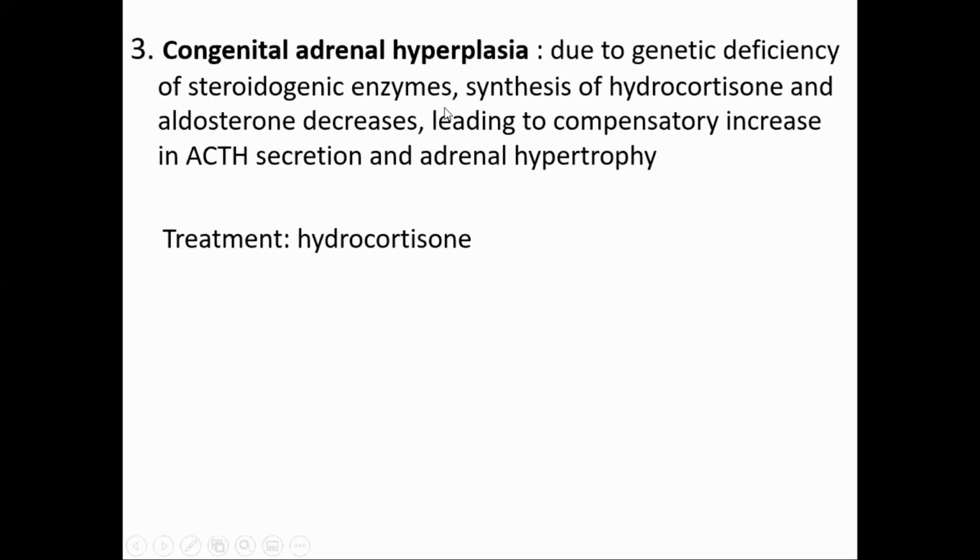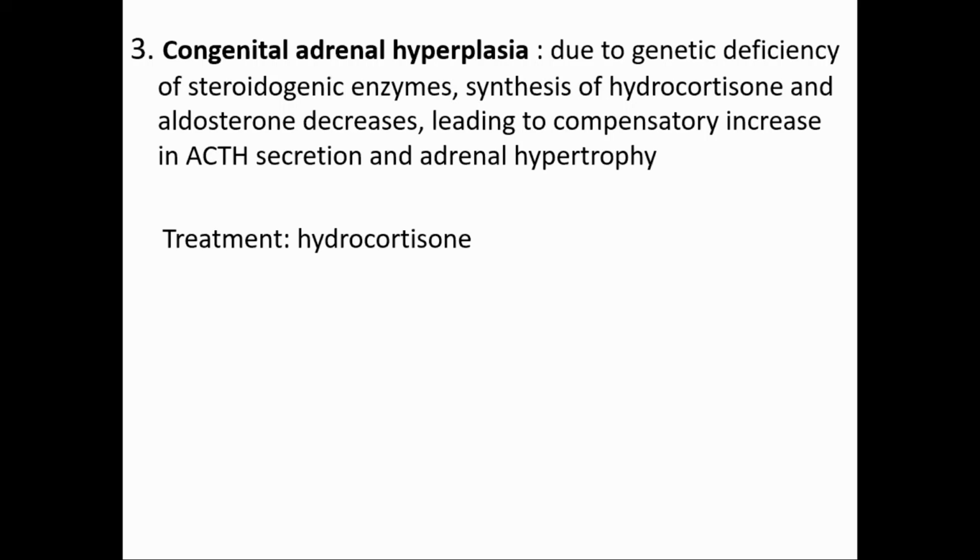Synthesis of hydrocortisone and aldosterone decreases in adrenal hyperplasia. This leads to a compensatory increase in ACTH production from the pituitary gland, which stimulates the adrenal gland and causes adrenal hypertrophy. But since there is a genetic deficiency of enzymes responsible for production of corticosteroids, there will be only adrenal gland hypertrophy and hyperplasia.